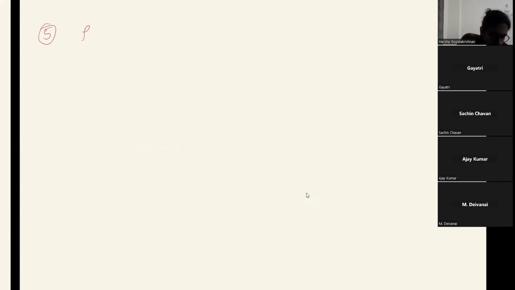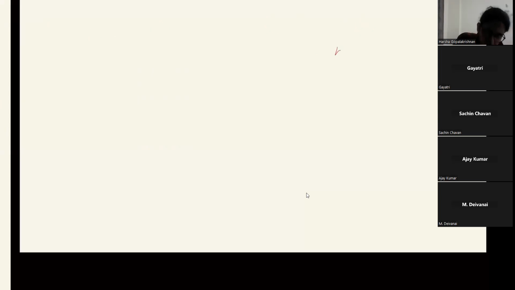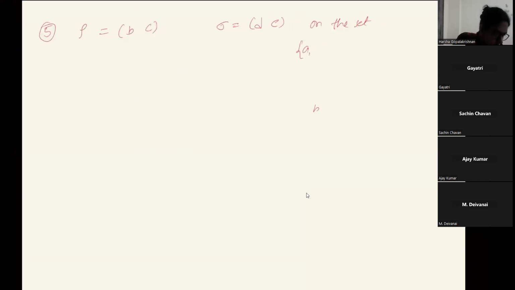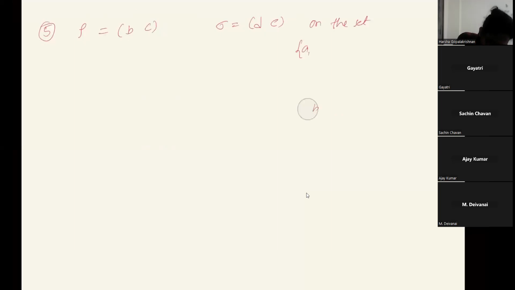A permutation rho is given by (B C) and sigma is given as (D E) on the set A, B, C, D, E. Then the question is, what is rho sigma?